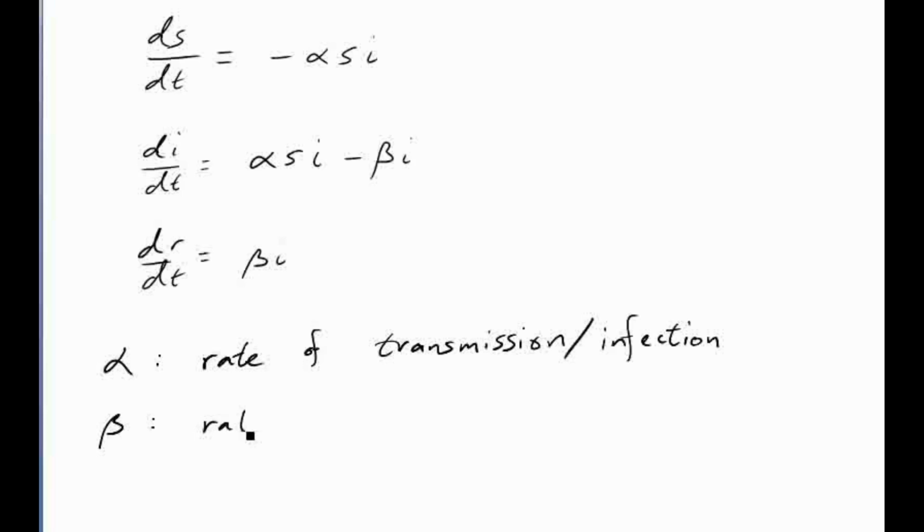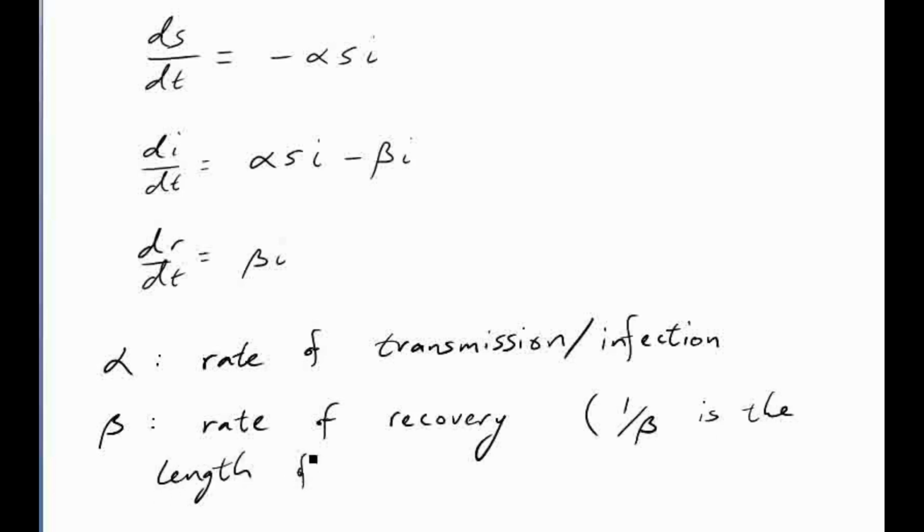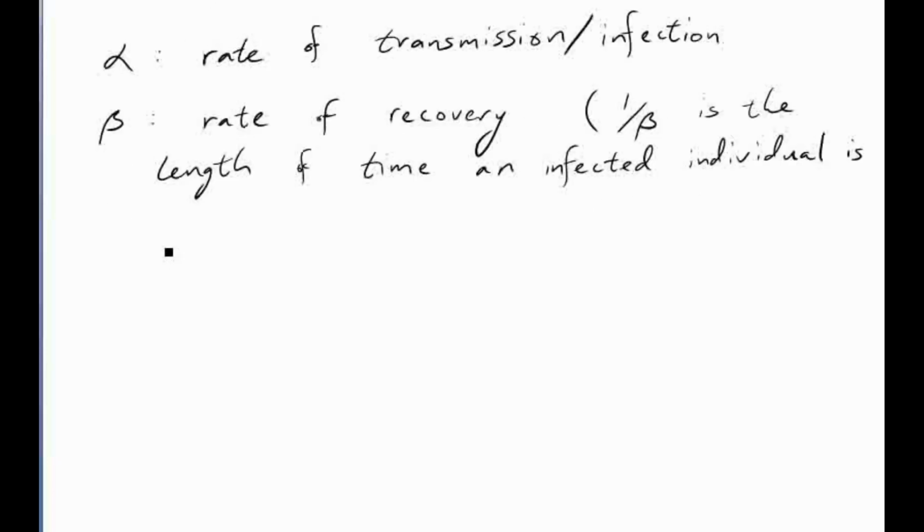So this is the rate of recovery, and in particular, 1 over beta is the length of time an infected individual is contagious.